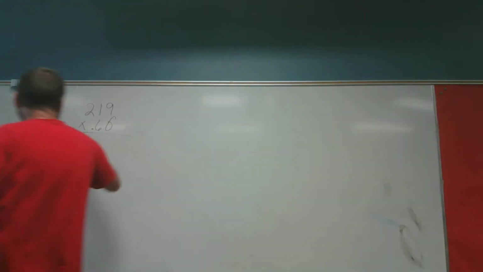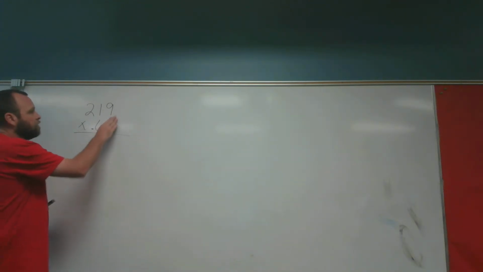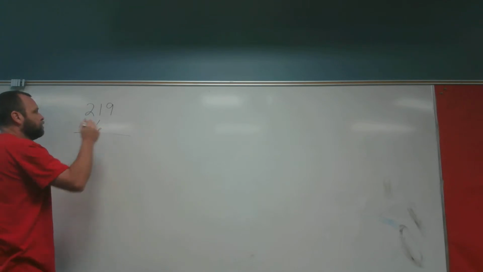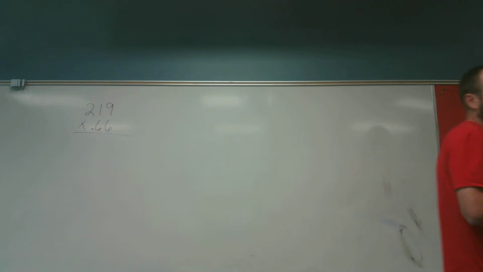Okay. So, is 66 hundredths less than or greater than 1, Colin? Less than 1. So I'm multiplying 219 by something less than 1, which means my answer is going to be less than 219.